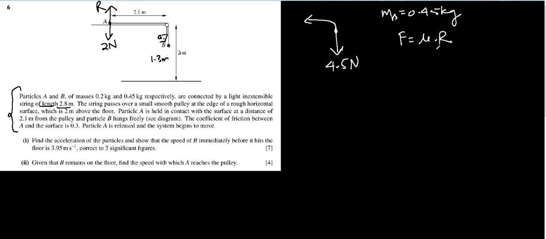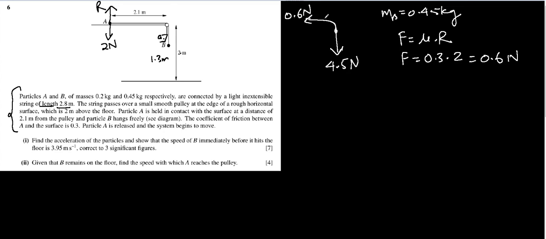So R is 2 Newtons again. So frictional force F becomes 0.3 times R, which is 2 newtons, which comes out to be 0.6 newtons. So that means the resistance force is 0.6 Newtons.